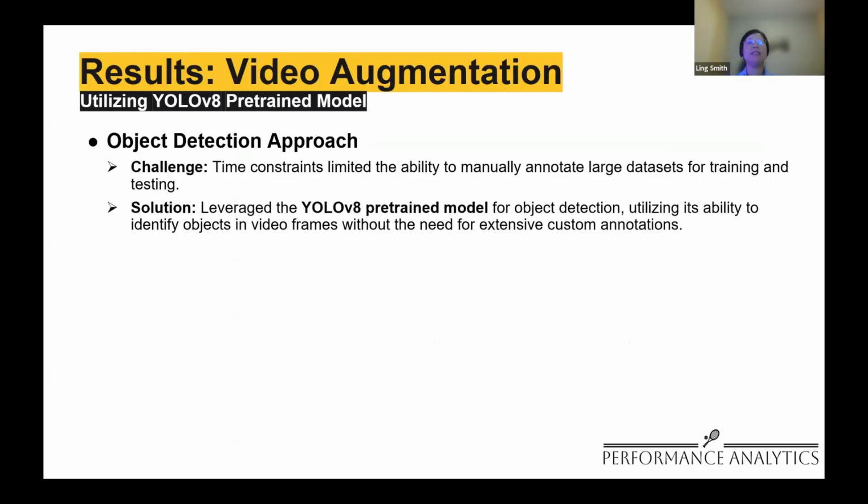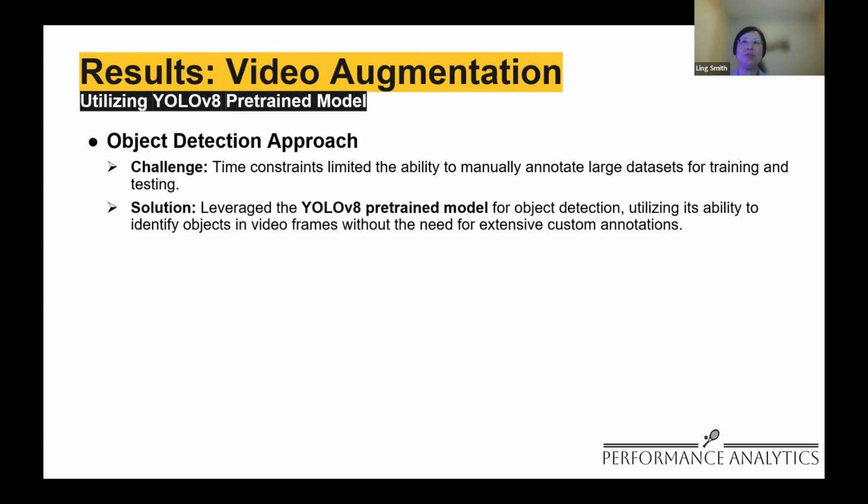Okay, all right. Now that we have a full match video with the key baseline reels, I'll walk you through the results of video augmentation using the YOLO V8 pre-trained model for object detection. So we were trying to do a custom data set, but we faced a challenge, which is time constraints.